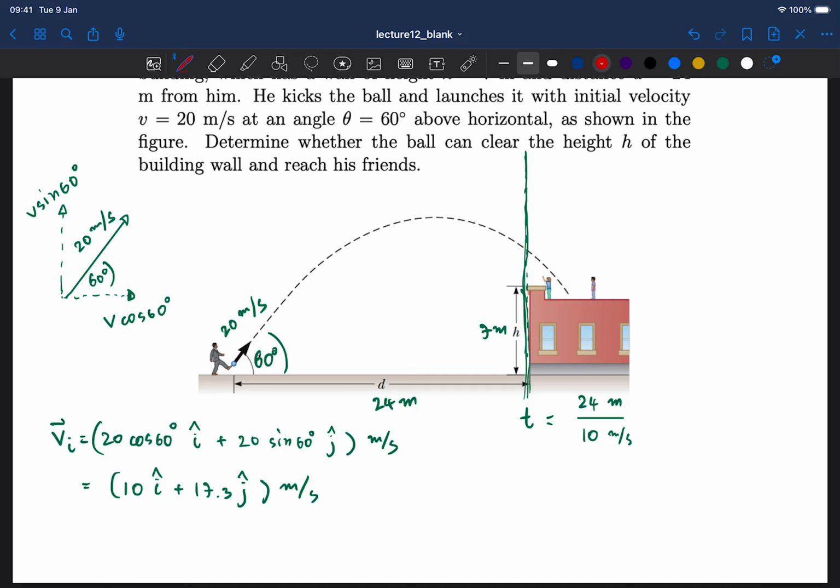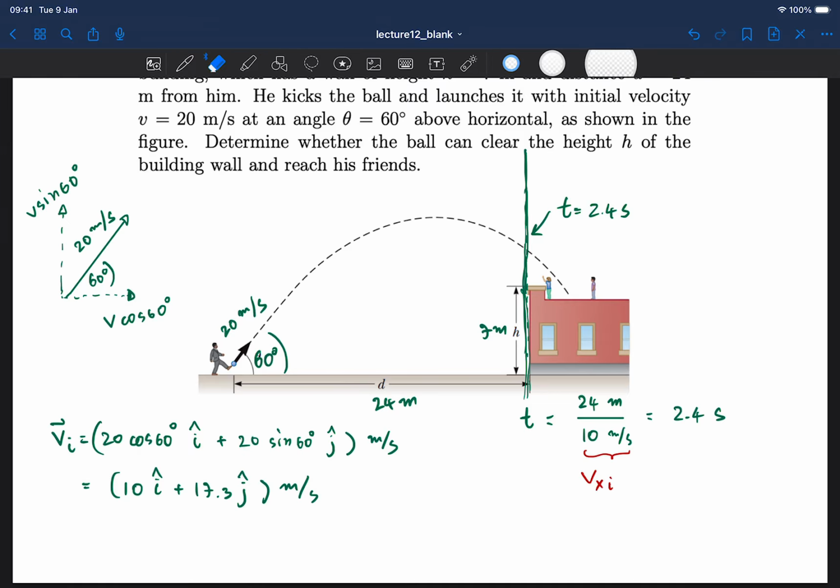Again, this is Vxi, and that's going to be 2.4 seconds. So the ball reaches this line at t equal to 2.4 seconds.